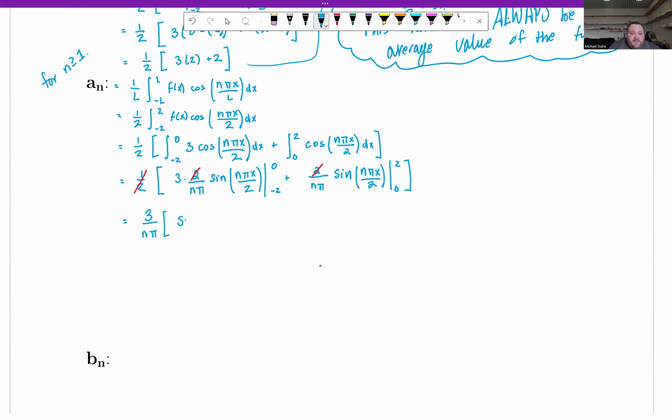So we have sine of 0 minus sine of, well, we have n pi times -2 over 2. So it'll be, well, I'll write it out, n pi -2 over 2. Okay, and so these 2's cancel out. So we have negative n pi inside this sine. Square bracket here.